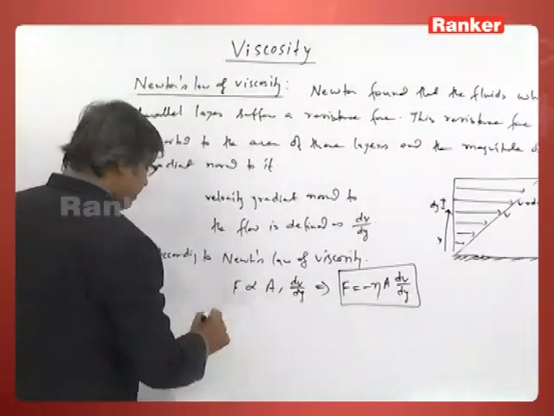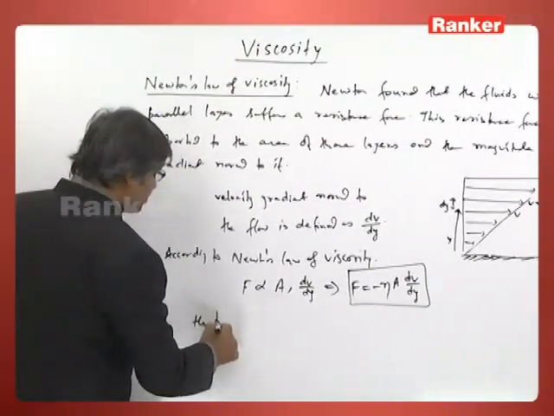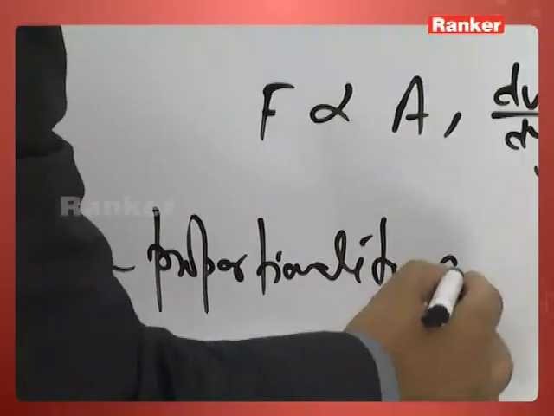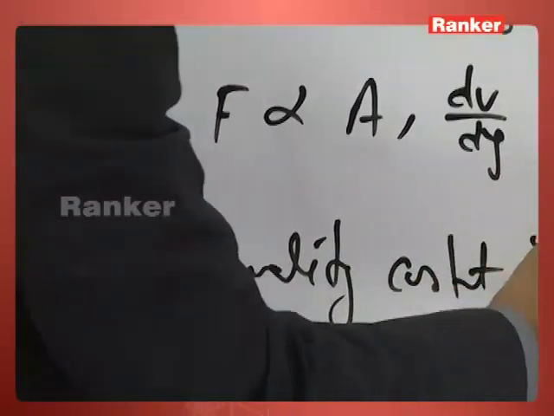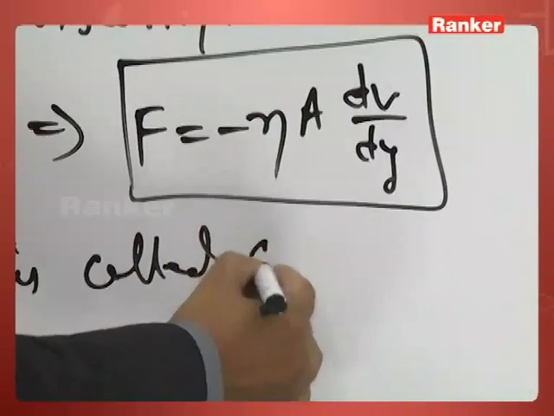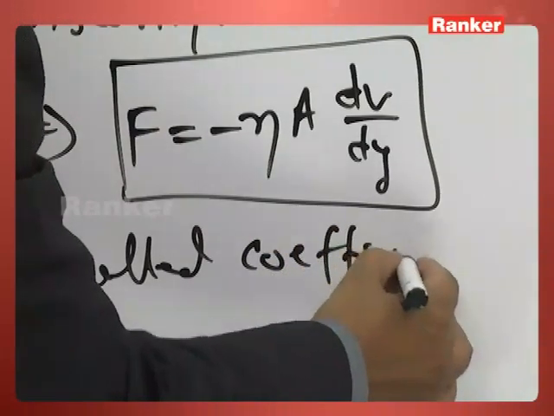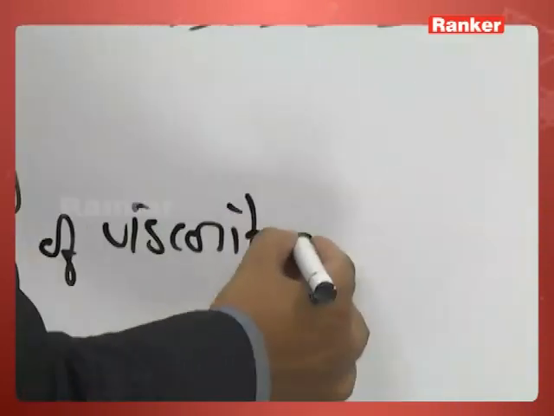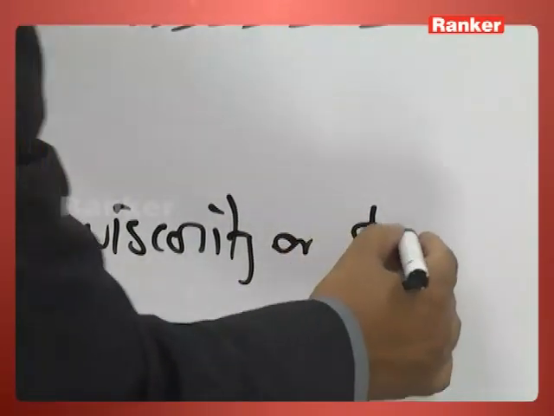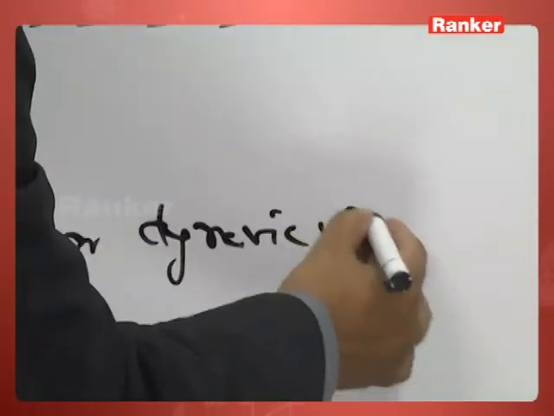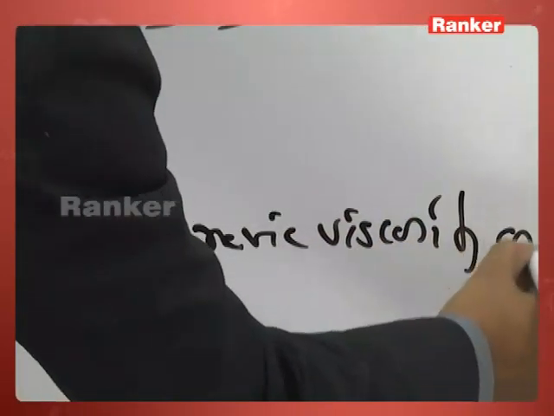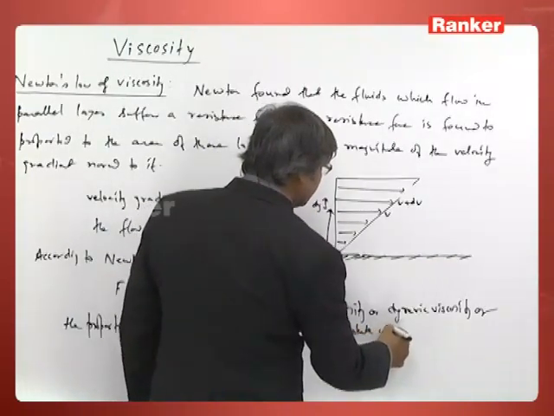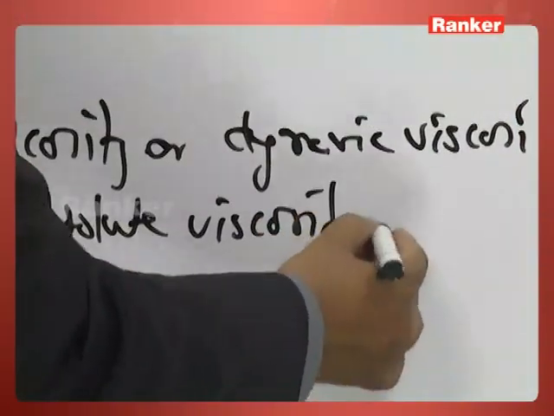So, you see here the proportionality constant is called coefficient of viscosity or dynamic viscosity, or we call it absolute viscosity, eta.